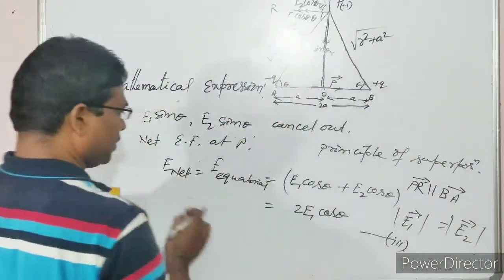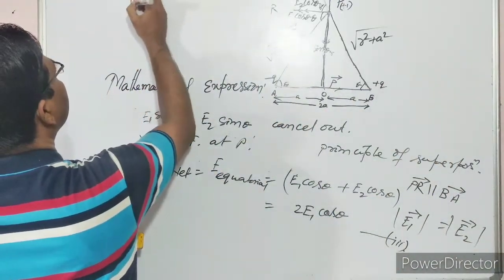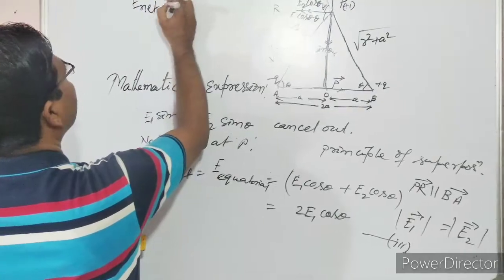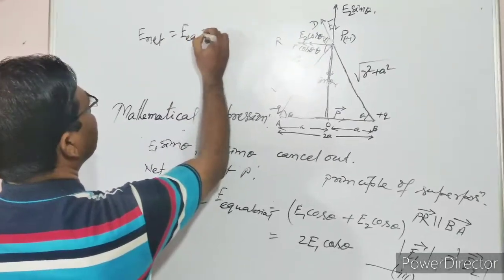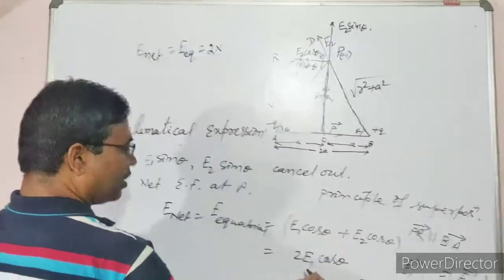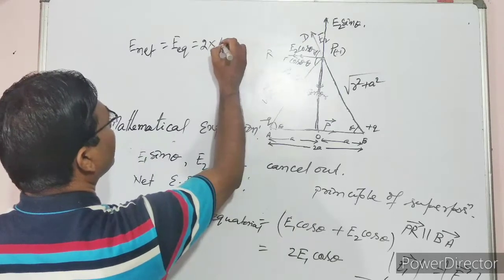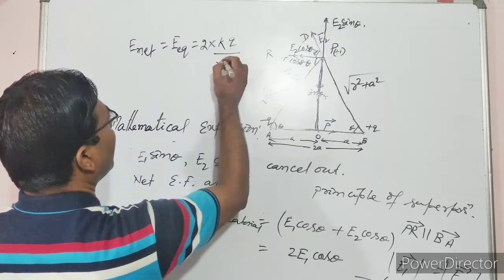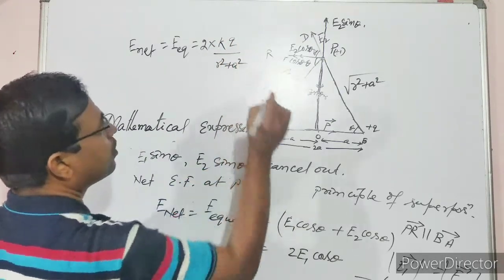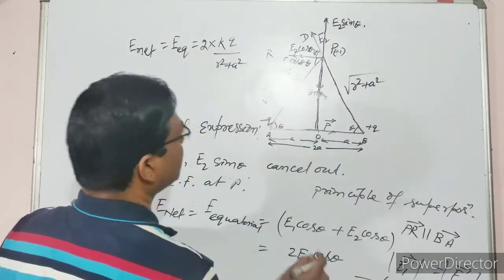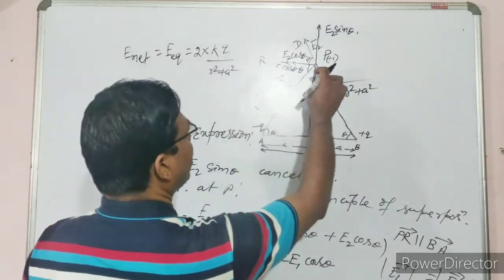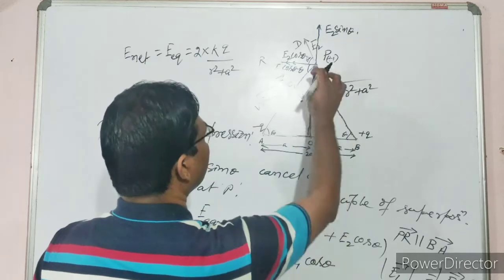Then come to the point: E net or E equatorial, what are you getting? 2 into E1, and E1 is K Q by R square plus A square, which you have already got. Now the question is cos theta. In the triangle, you can take either PBO or PAO.